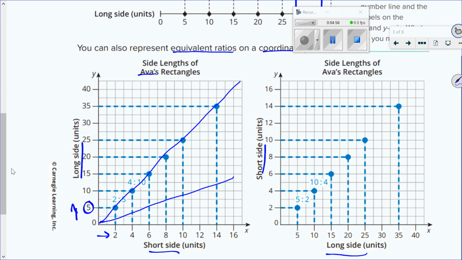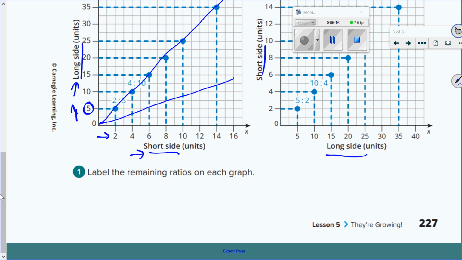We haven't talked about graphs yet, really, but you have a title, you have your axes, you have your intervals, and then you plot the points, okay? So we have 3 different representations of all of the same data. Is everybody okay with this so far? Okay? On the bottom, label the remaining ratios on each graph. So what does that mean I'm supposed to do?